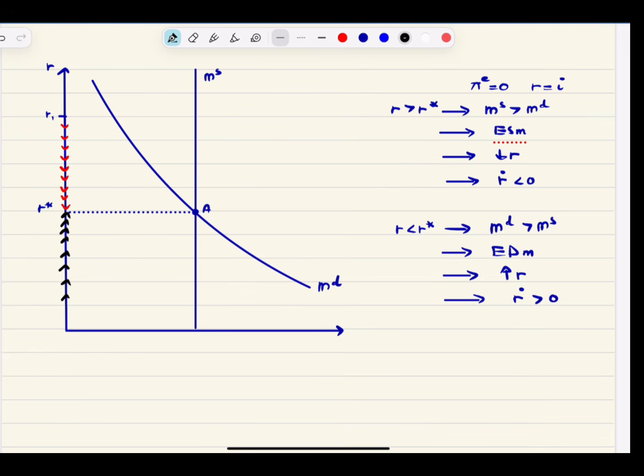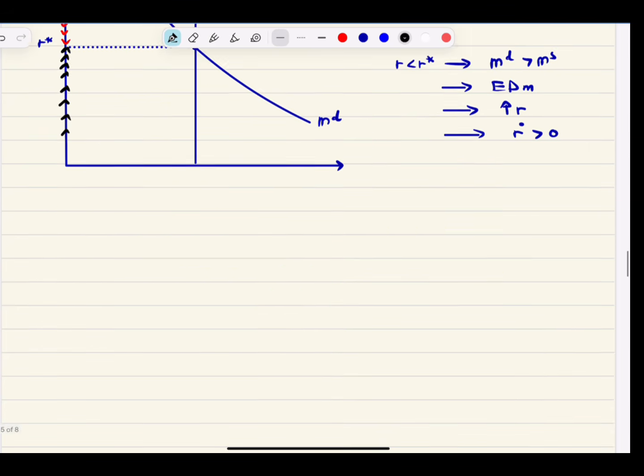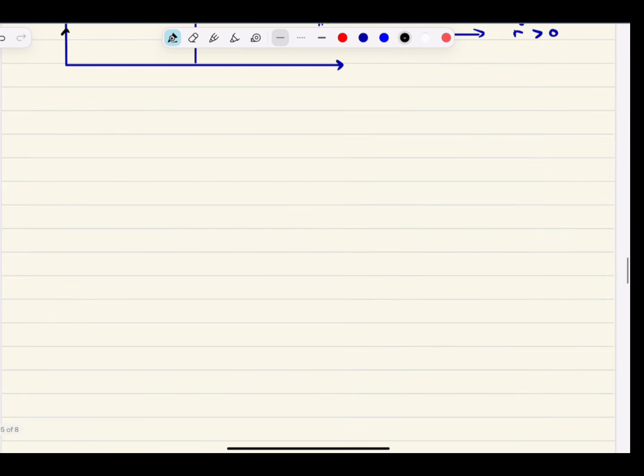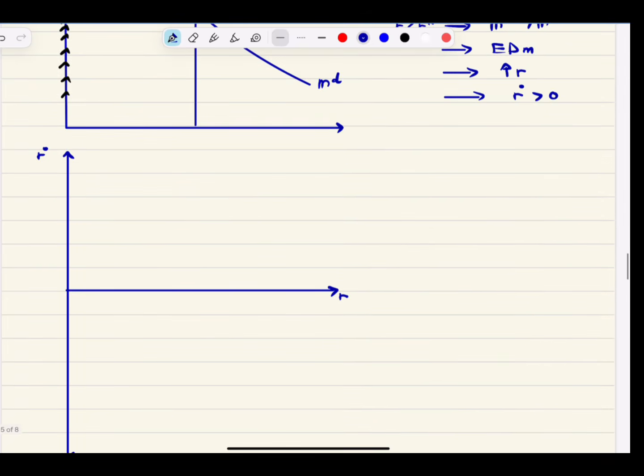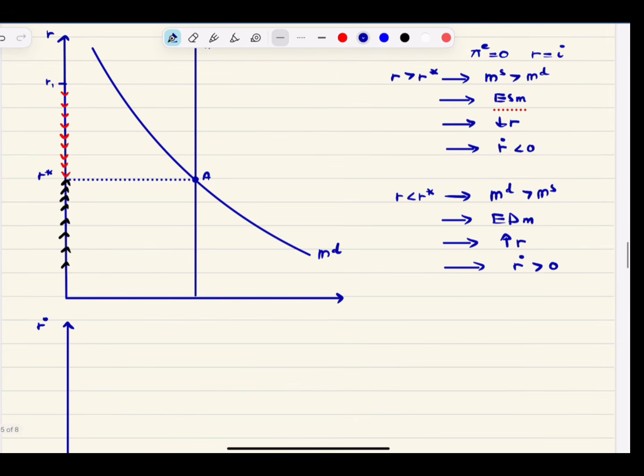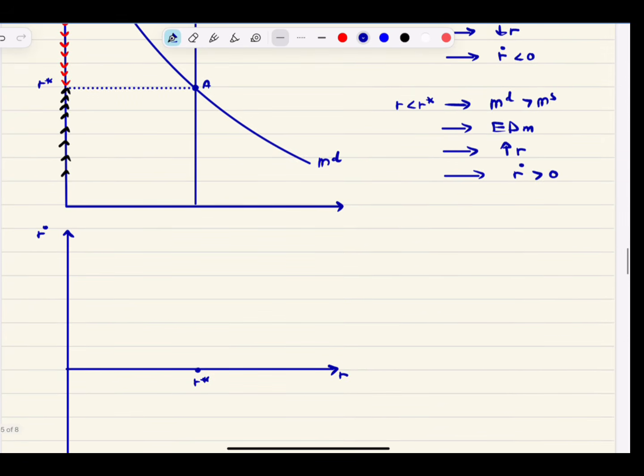So how do I show this? Let's make the diagram again and see how R dot behaves with R. Let's suppose this is R star. We know that when R is less than R star, R dot should be greater than 0.